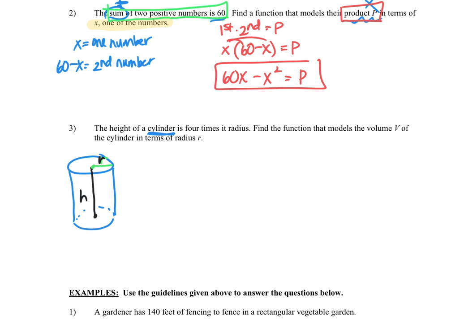So it says, find the function that models the volume of the cylinder in terms of the radius r. So we already know that r is my radius right here. And what we're saying is that we want everything to be in those terms. So way back here, it told me that the height of the cylinder is 4 times its radius.